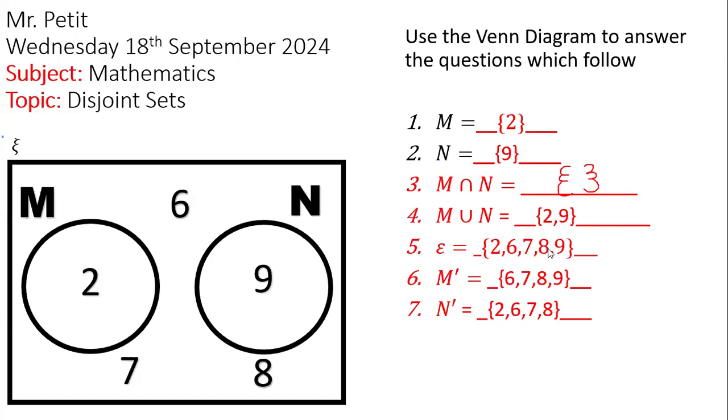Number 6 is the complement of M, and that's all the elements besides 2, so anything outside of M. So it would be 6, 7, 8, and 9. Number 7 would be the same thing, but you don't put 9. Very good, because we do not include N.